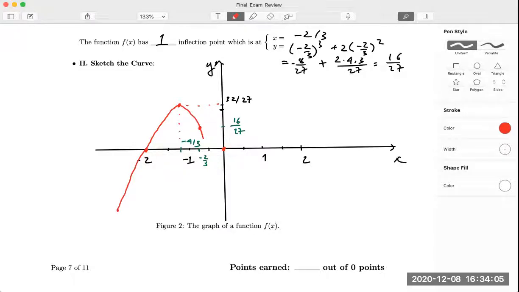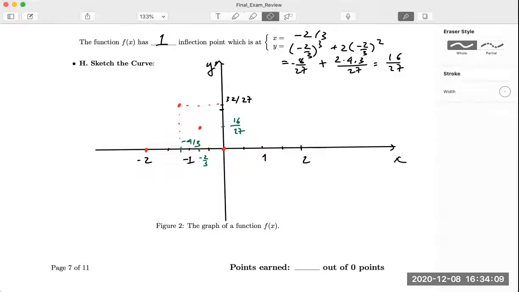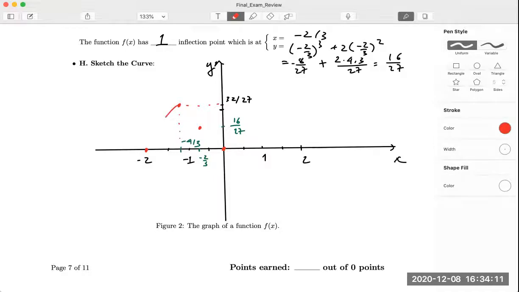Right. What else? Suppose it's like this. And it turns here at this point, the inflection point. And here we see that when x goes to infinity, it should go to positive infinity, right?